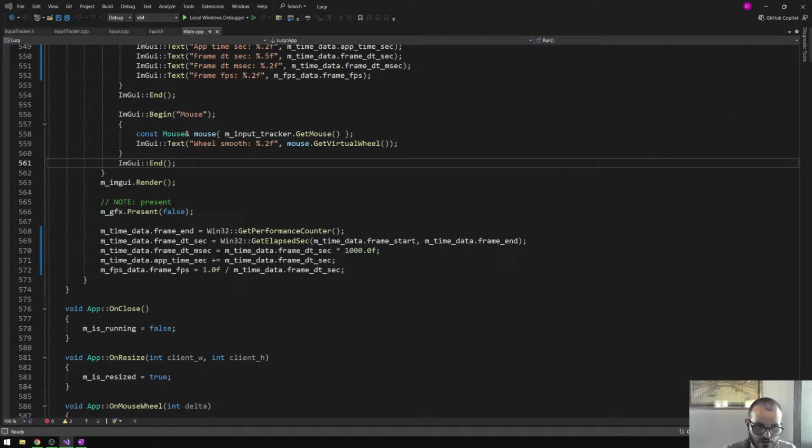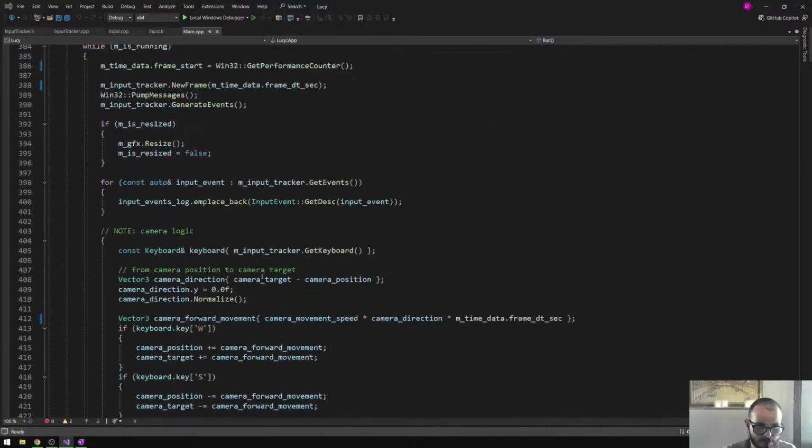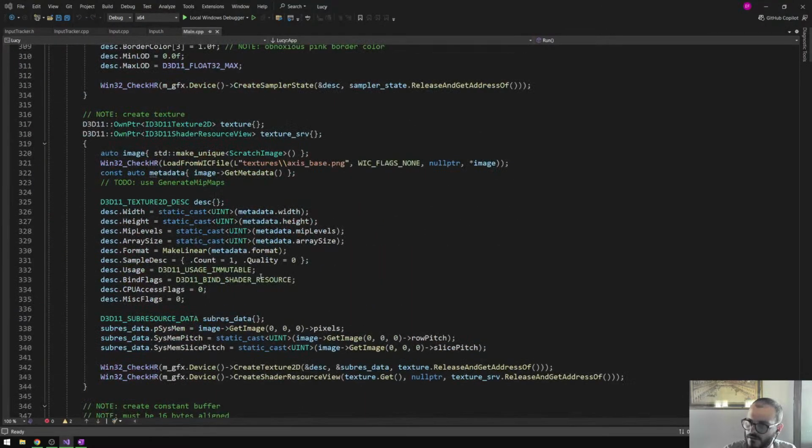Let's say keep track of, make struct for both timing and frame data, and keep it as a member of the app class.